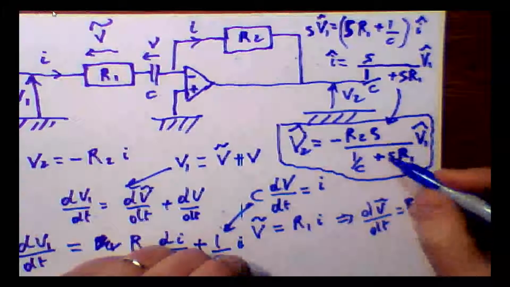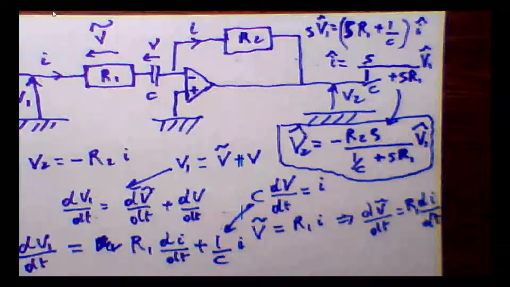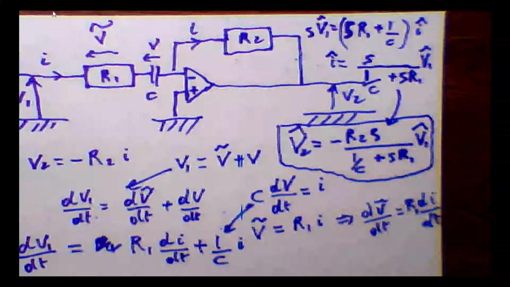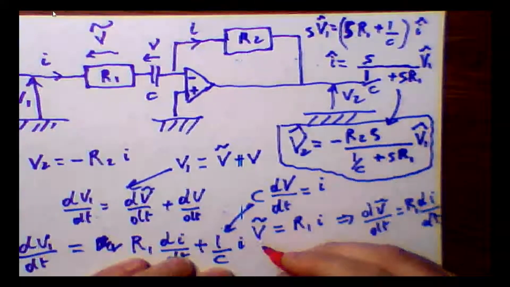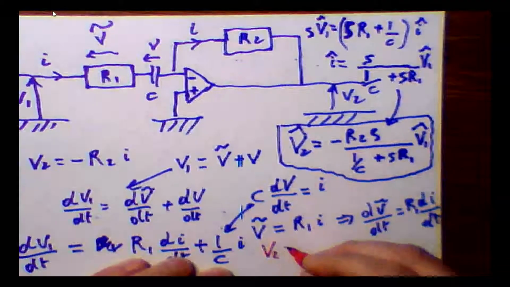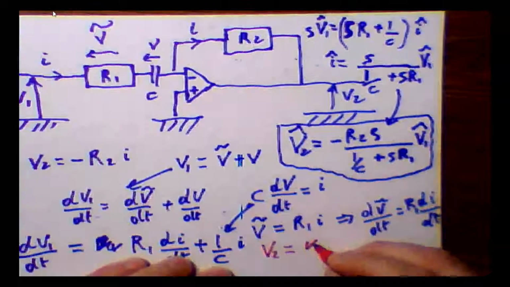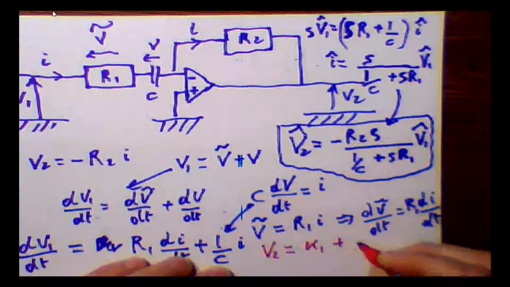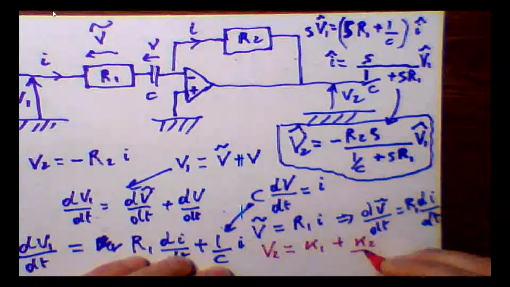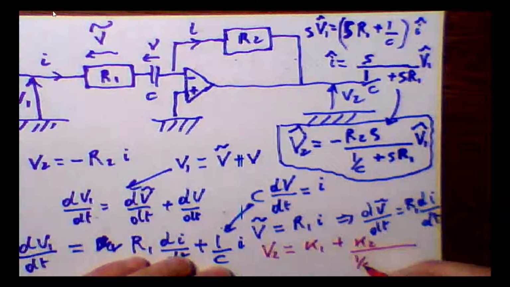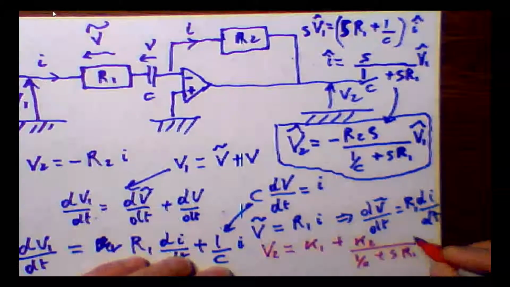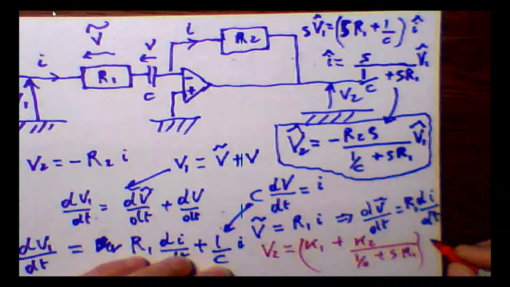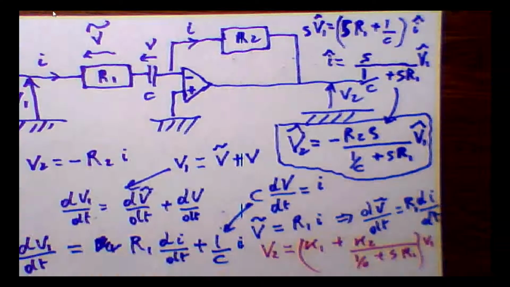But we know that we can also decompose and do a partial fraction expansion, saying that V2 will be equal to K1 plus K2 divided by 1 over C plus S R1 times V1. Now, what is this called?